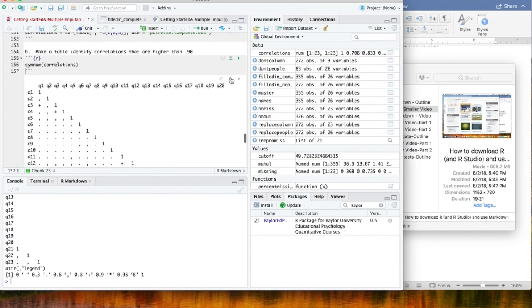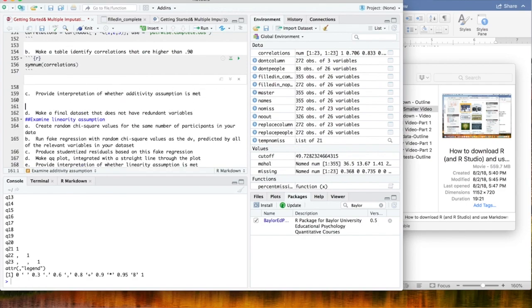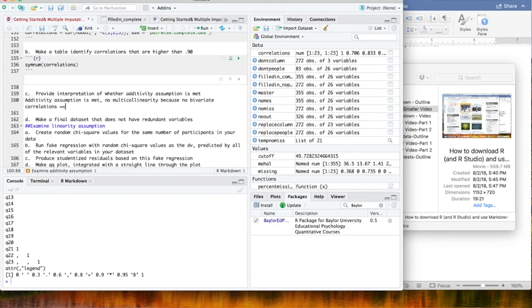So, the interpretation: the additivity assumption is met, no multicollinearity, because no bivariate correlations are equal to or more than 0.90 between all items.